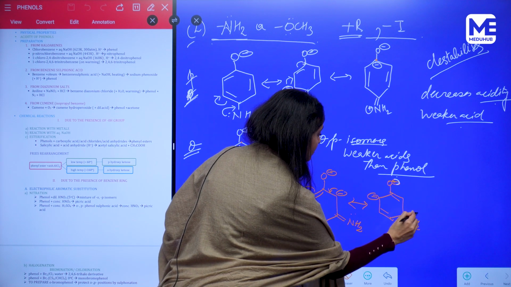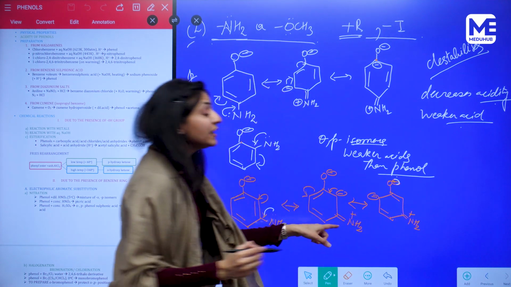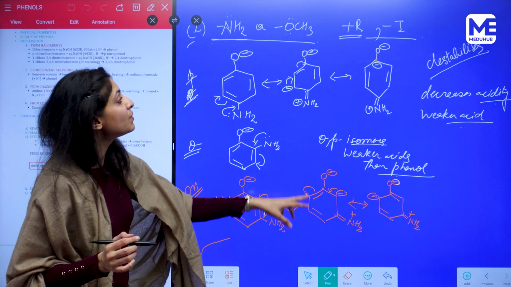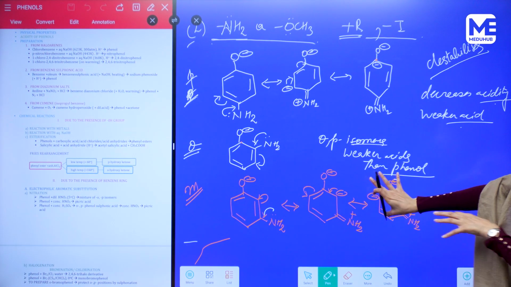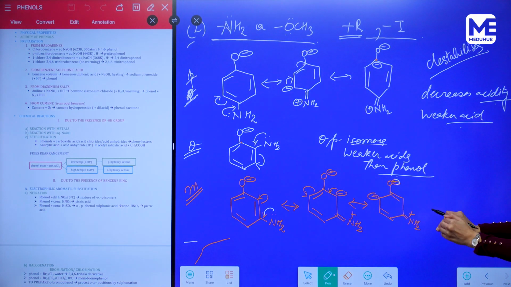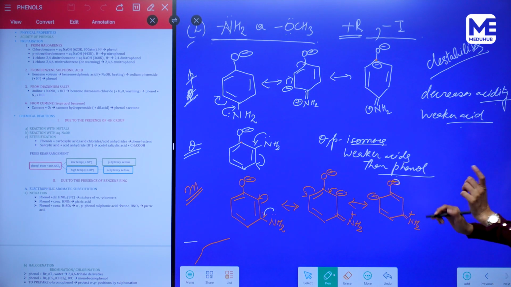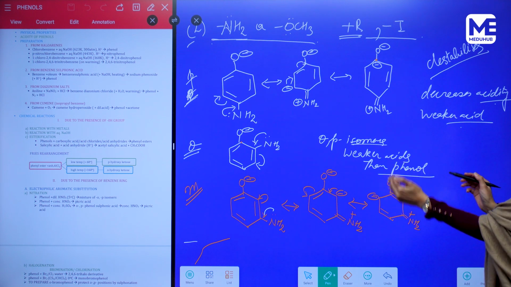But we need to see that NH2 also has a minus I effect, which pulls away electron density towards itself, which means it is helping the phenoxide ion getting stable.